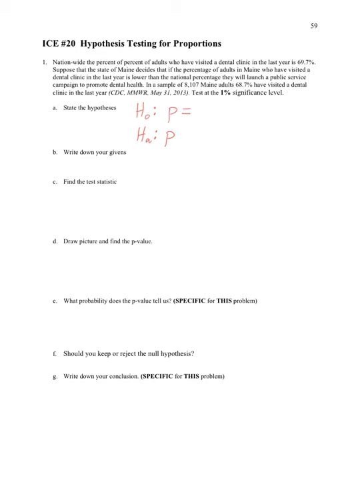So in the first problem on page 59, the null hypothesis is going to be coming from a nationwide percent of adults who have visited a dentist in the last year, which is 69.7%, so 0.697. And remember, we're going to cover up the sample data, so we're not looking at that sentence that says in a sample of 8,107 Maine adults.